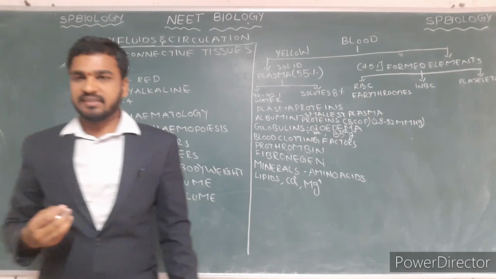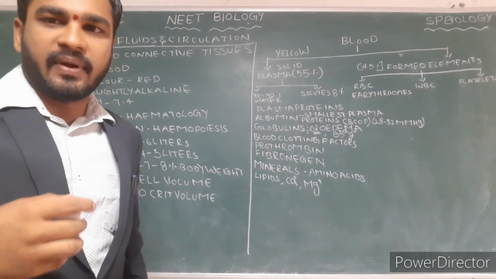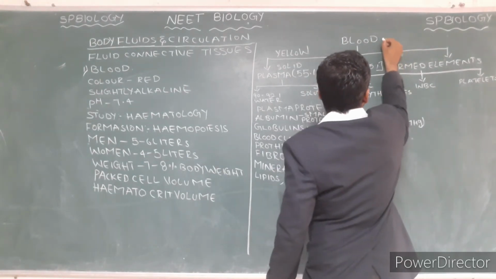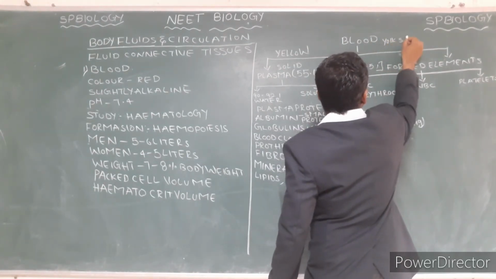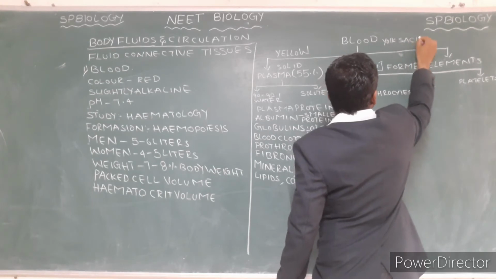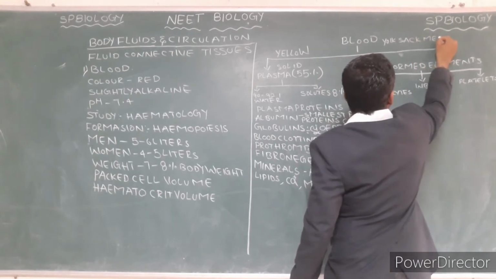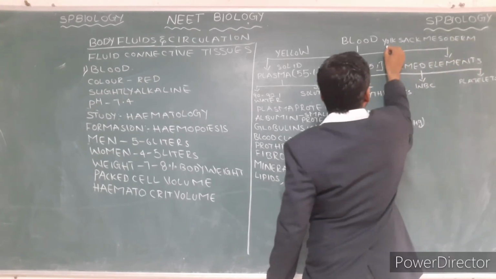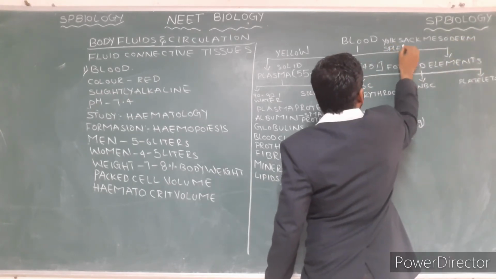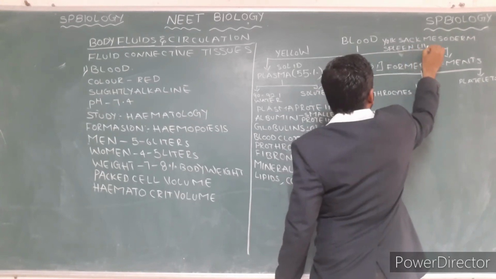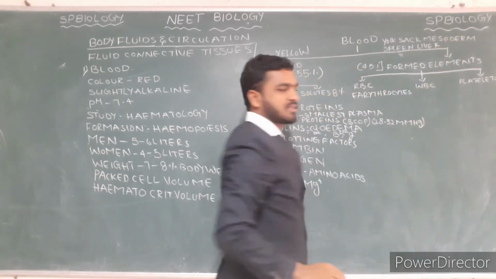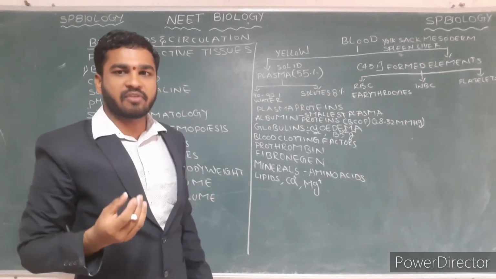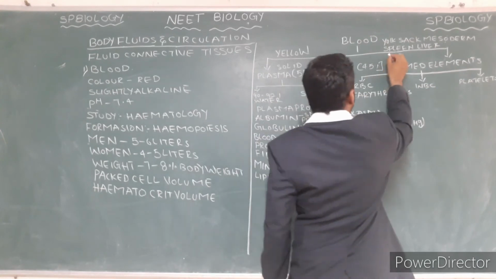At the earlier stages, blood cells are formed from yolk sac mesoderm. Later, they are formed from the spleen and liver. In adult stages, blood cells are formed from red bone marrow.